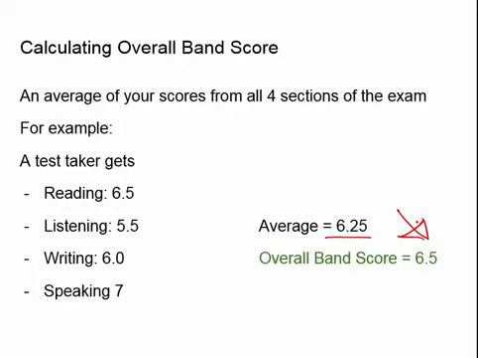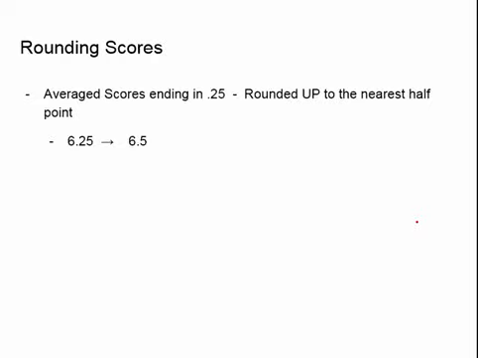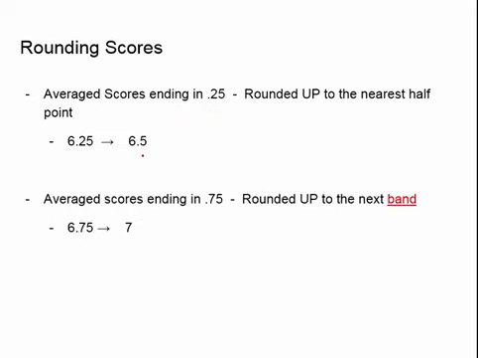So how are overall scores rounded? If you average your 4 scores and the number ends in 0.25, it's going to round up to the next half point. And if your score, after it's been averaged, ends in 0.75, you're very lucky because your score is going to go up to the next band.